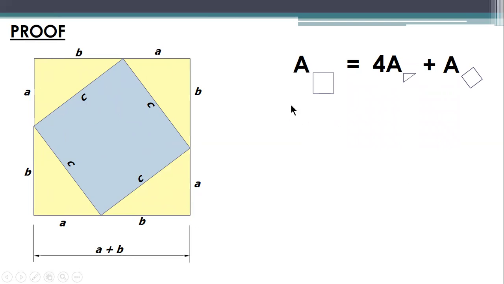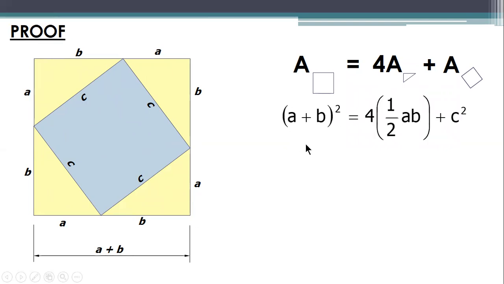So the next step is this one. The area is a plus b squared, or a plus b times a plus b, equal to 4 times the area of a right triangle, which is one half base times height, or one half ab, plus the area of the smaller blue square, c squared. Let's expand this one.